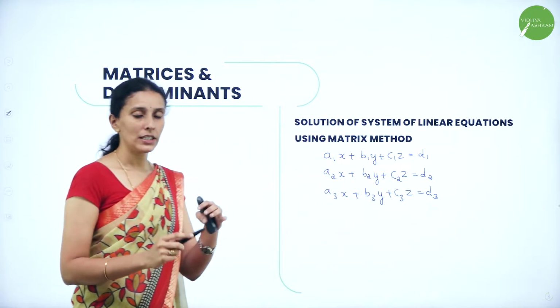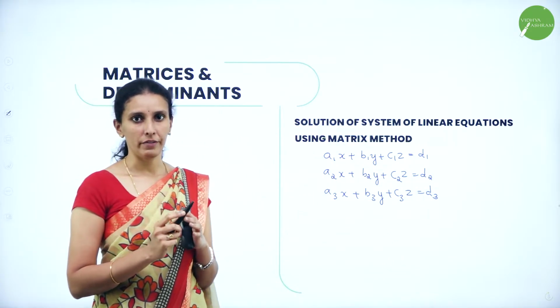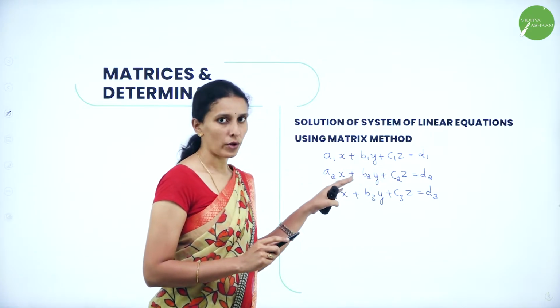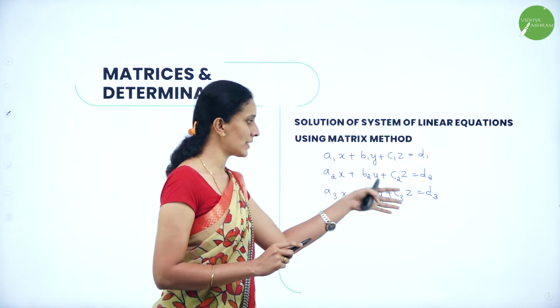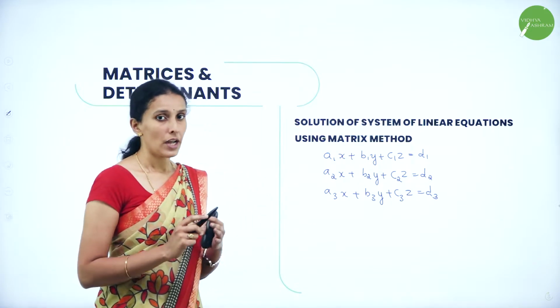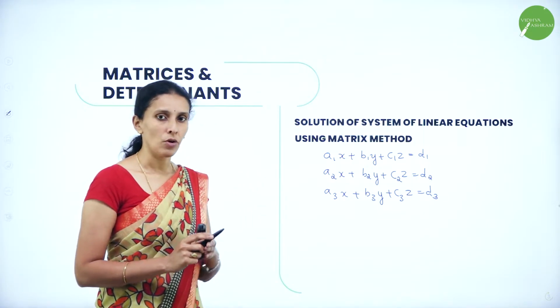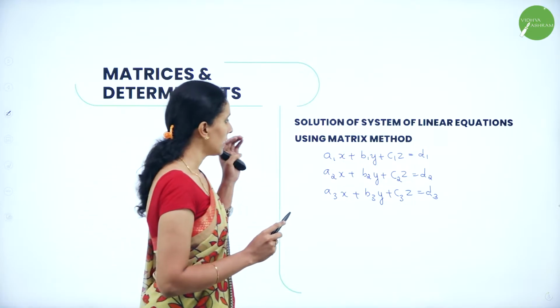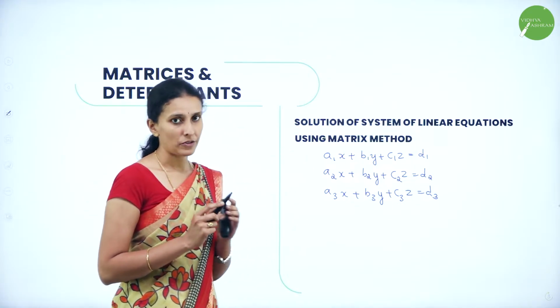So these are the three linear equations given. Here you can clearly say a, b, c are all the coefficients of the variables x, y, z, and d is the constant. Now how to find the value of x, y, z from the method called the matrix method.